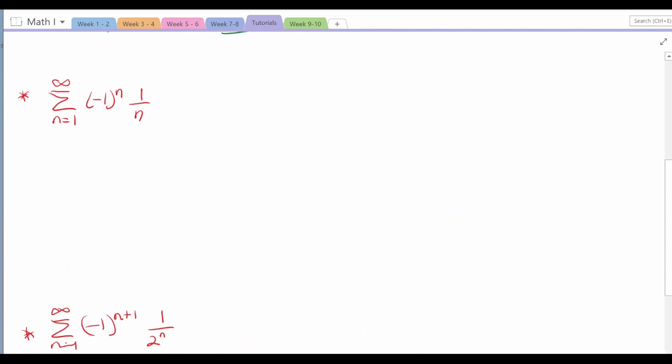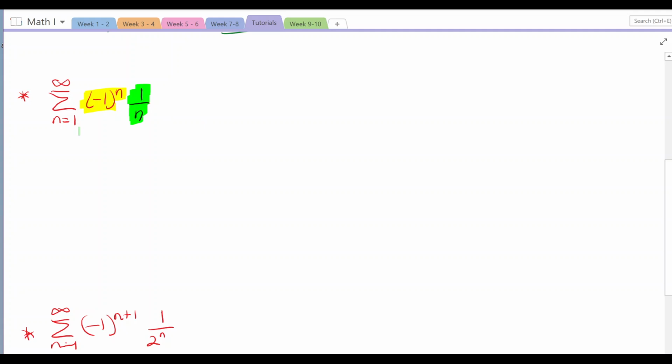Just like before, we are going to ignore this term, that's the term that makes it alternating, and simply look at the terms in green, which is 1 over n. So the question is, as the series progresses, are the terms decreasing or not?